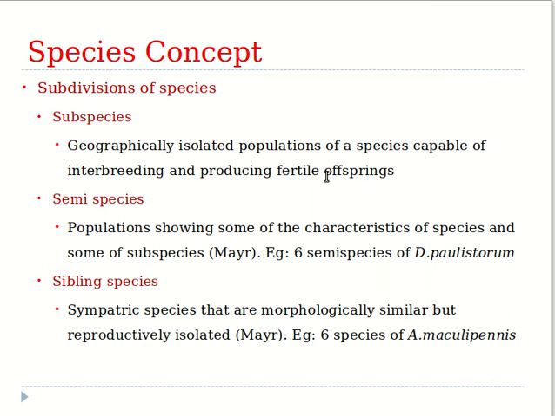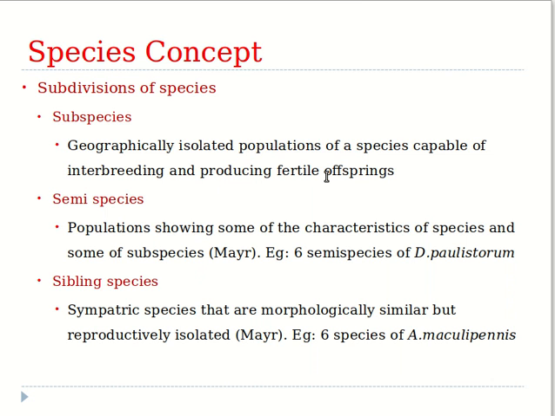Now, the next subdivision is known as a semispecies. A semispecies is considered to be a population showing some of the characteristic features of species and some of the subspecies. This concept was introduced by Mayr in 1970, and he gave this particular definition.